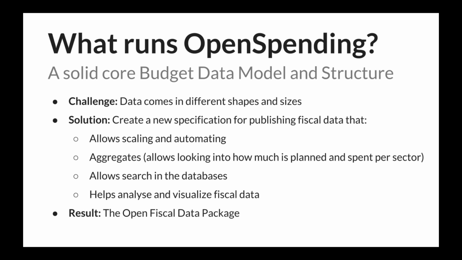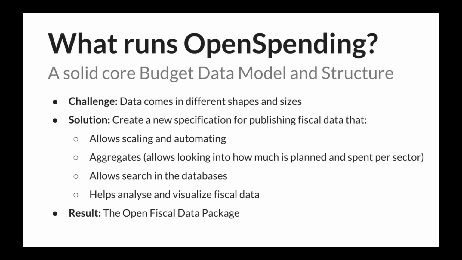And the way to implement this inclusiveness is to say, okay, we allow any sort or form or structure of fiscal data to be uploaded to Open Spending, but you have to describe it to us so we know how to interpret it, and we know how to store it, and we know how to use it later for comparing it to other data sets. And the key for this description is what we call the Fiscal Data Package.